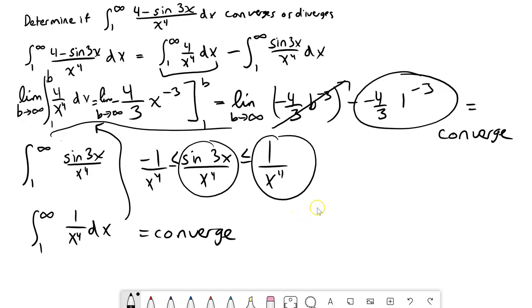And the point I want to make here is, since the two integrals converge, the sum of the integrals converge, right? We just add two converging numbers.